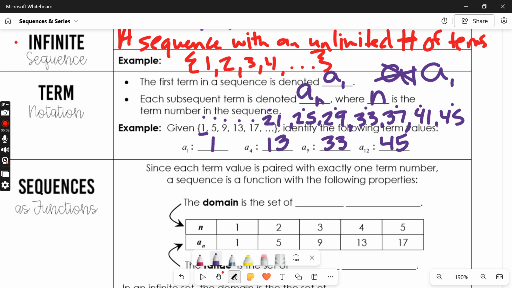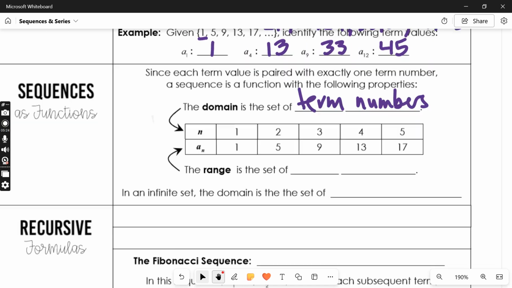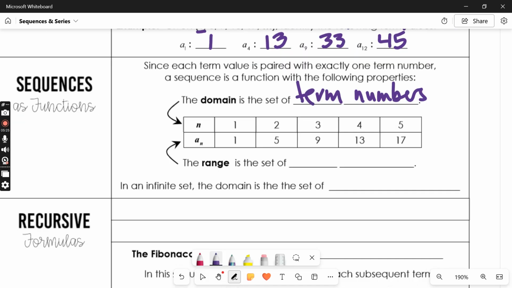Since each term value is paired with exactly one term number, a sequence is a function with the following properties. The domain is the set of term numbers, and then the range is the set of term values.